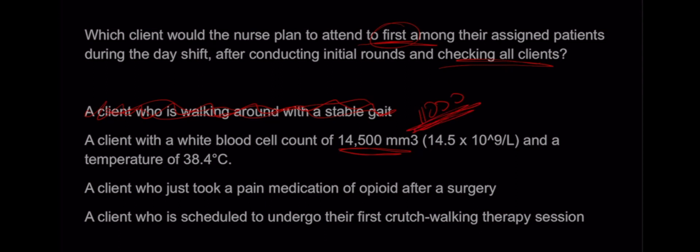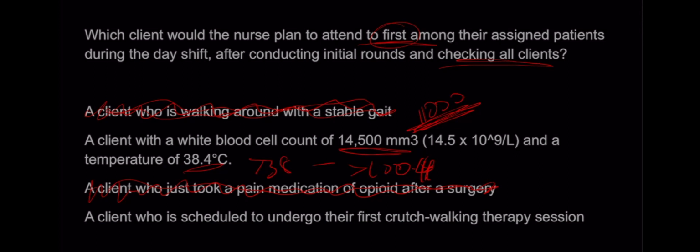And a temperature of 38.4. That's greater than 38. Remember, greater than 38 means it's greater than 100.4. So real temperature. This is a sick person. We need to watch this person. Let's go to the next one. Client who just took a pain medication of opioid after surgery. They just got their medication. They're okay. Everything will be fine. That is not priority.